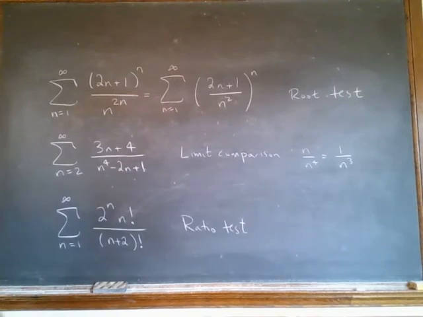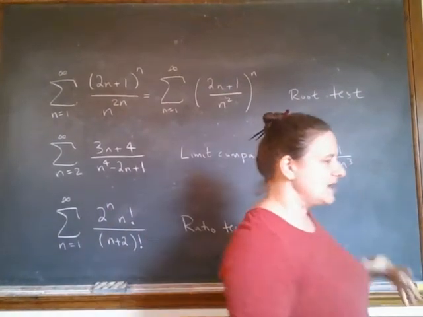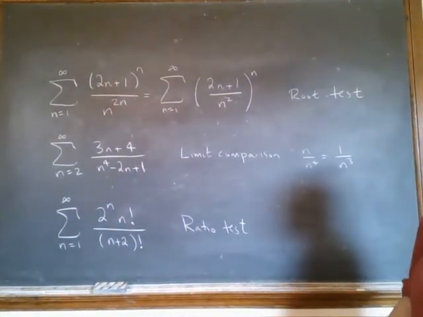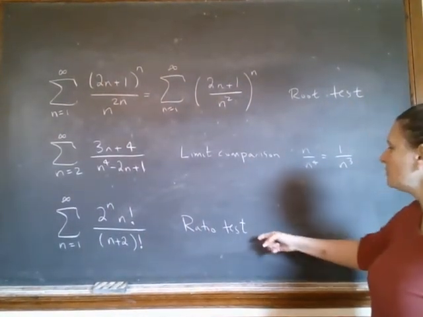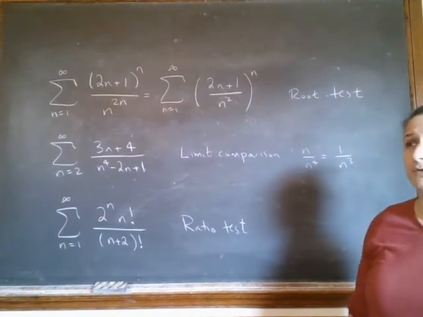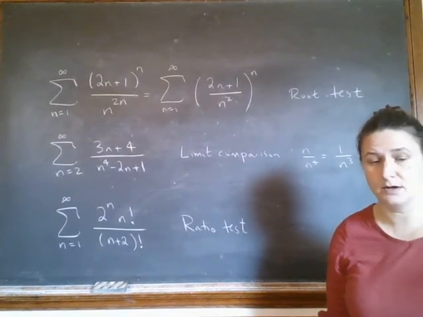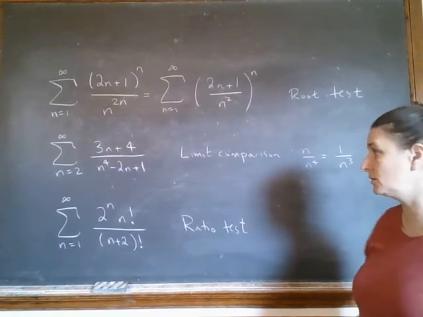Let me remind you guys real quick, because when we've got all these tests going on, sometimes you forget what goes to what. So for ratio test and root test, that's the one where if you get your limit equal to 1, then it doesn't help you. It's inconclusive.